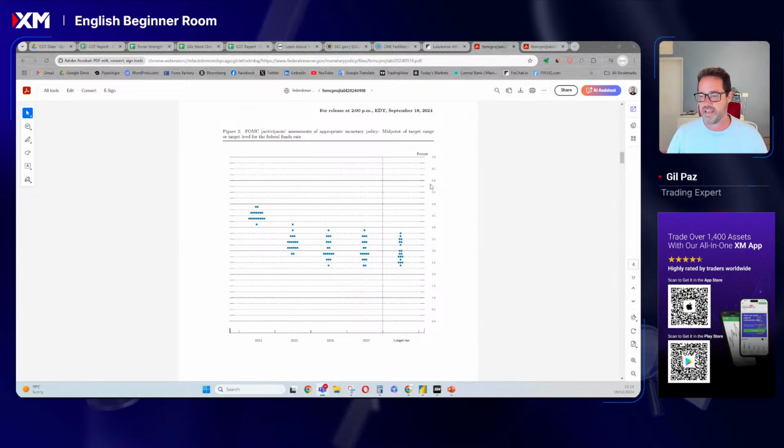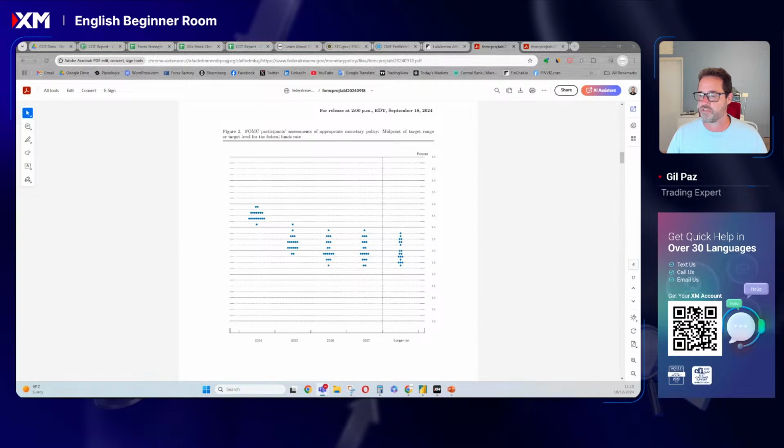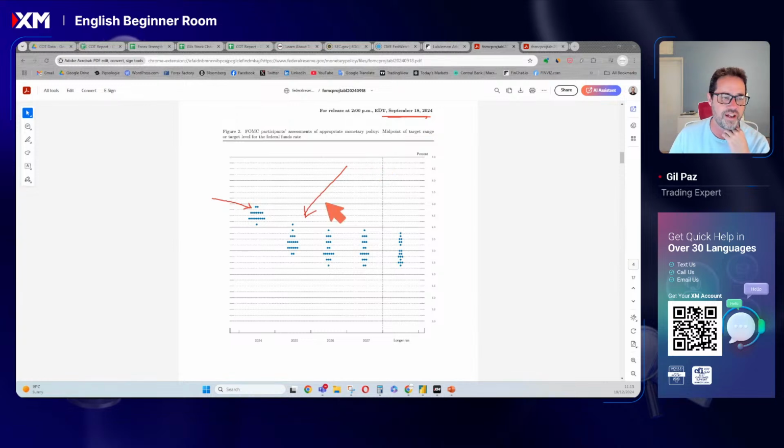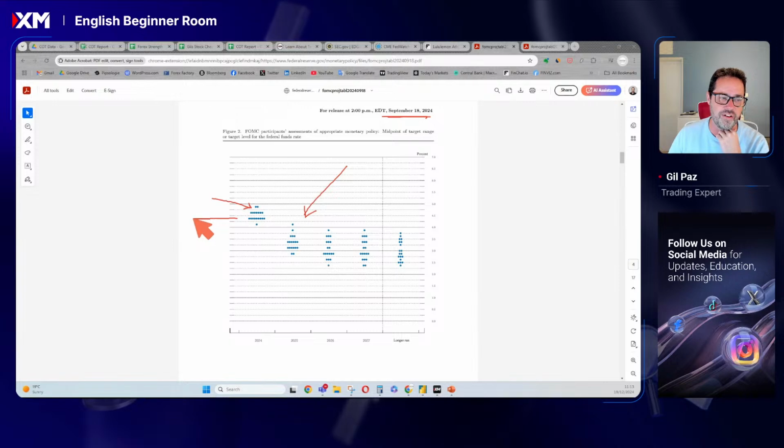Look, when we look at the forecast of where interest rates are going, I have to explain the dot plot here. In the dot plot, each dot is a member of the Fed that decides about the interest rates. This is September, this is not the new one; I will immediately show the new one. In September, the Fed expected that we will have interest rates around here, and we got it here.